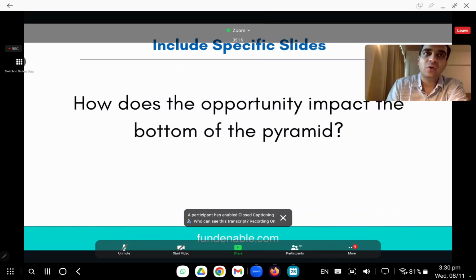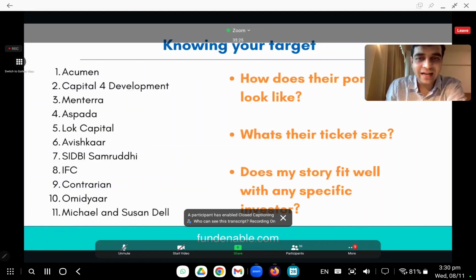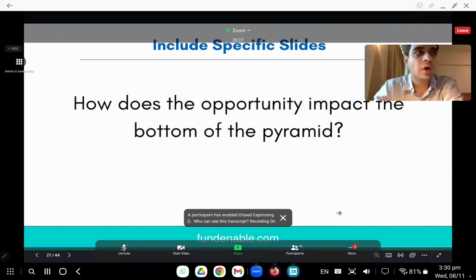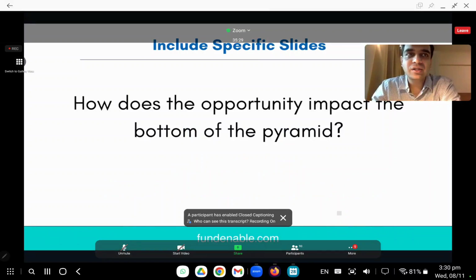Or if you reach out to specific other investors, we typically study their portfolio, and we make a slide or two on any synergies with their existing portfolio companies. At the end of the pitch, we say, by the way, I saw your portfolio, and there is one company where there can be business synergies between us.